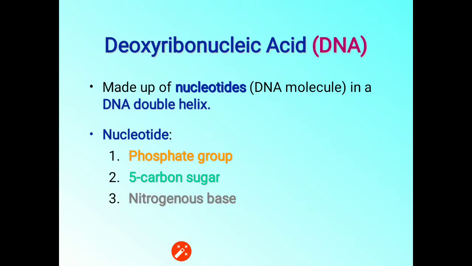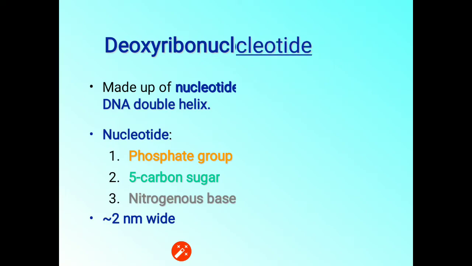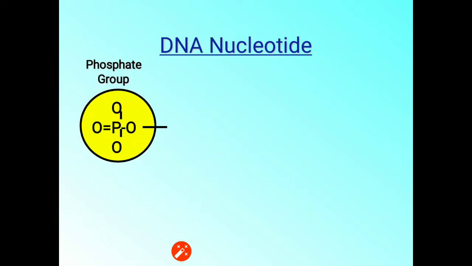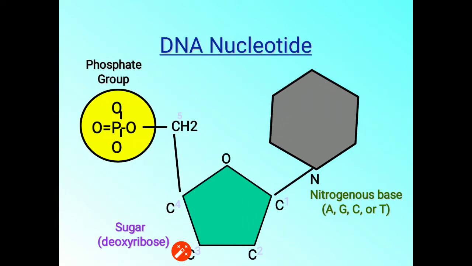We have already discussed that the DNA is made up of nucleotides and it has three components: phosphate group, sugar and nitrogenous base. Now the molecular structure. A nucleotide has a phosphate group, sugar and nitrogenous base, and if they have written DNA nucleoside, you just need to remove the phosphate group.